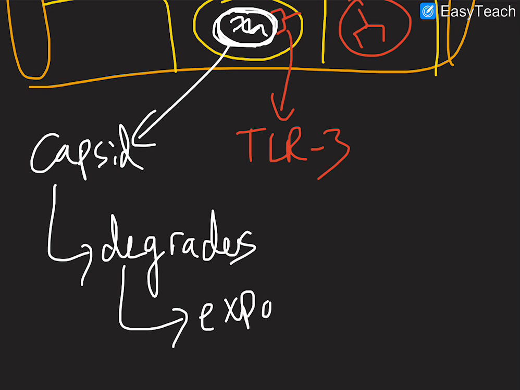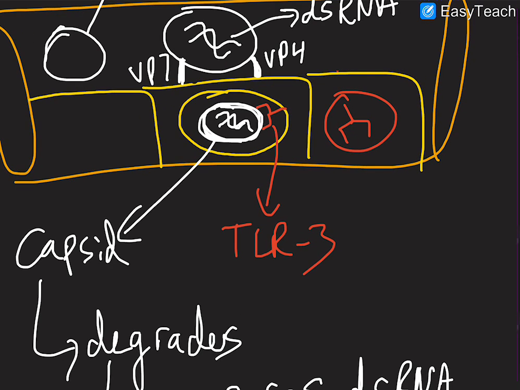So if the capsid degrades, this exposes the double-stranded RNA that was obviously the genetic material that made up the rotavirus. So if we drew that here, let's say the capsid degraded, and now the double-stranded RNA is exposed inside the endosome. Then this double-stranded RNA can go ahead and bind to the toll-like receptor 3.